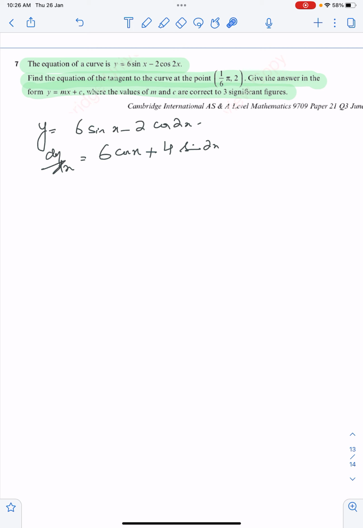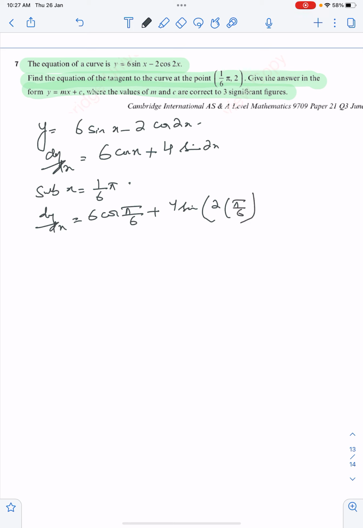Once I've differentiated it, I'm going to plug in the value of x in this. Substituting x equals pi by 6, dy by dx is going to be 6 cos pi by 6 plus 4 sin 2 into pi by 6.